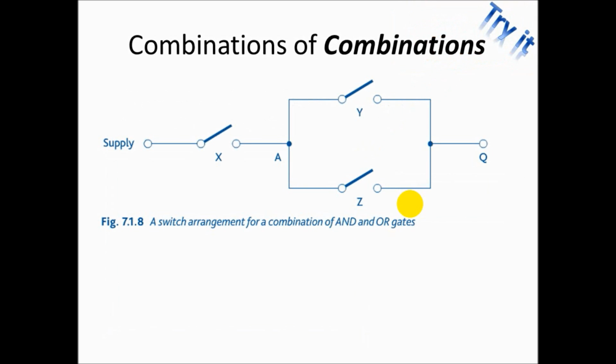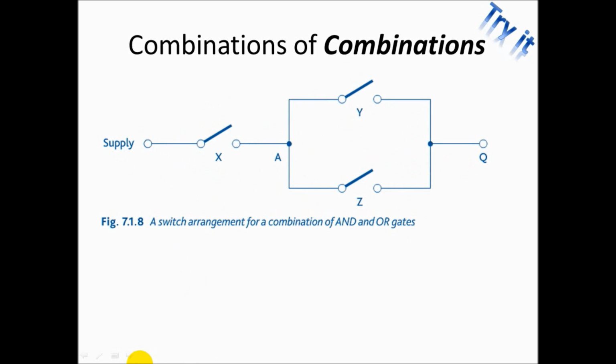Okay, let's try this now. A switch arrangement for a combination of AND OR gates. Do you remember we said you could get many inputs? So not just one input, there's many inputs coming. Here comes X, there's Y, and there's Z. But when it comes to this particular circuit, it can be Y or Z. And then we will get Q lighting up.